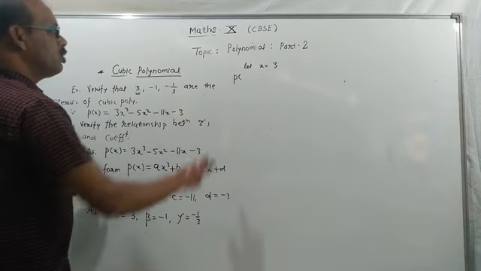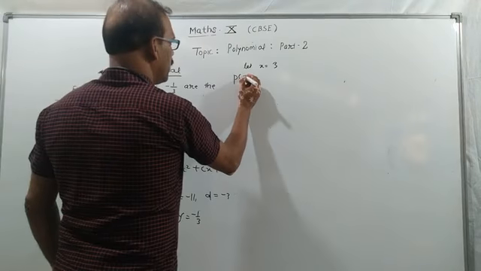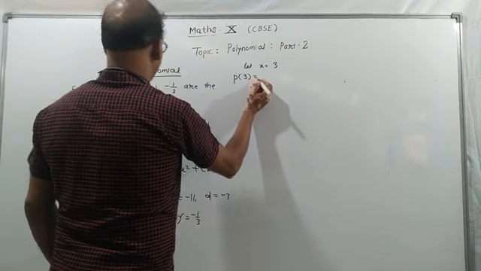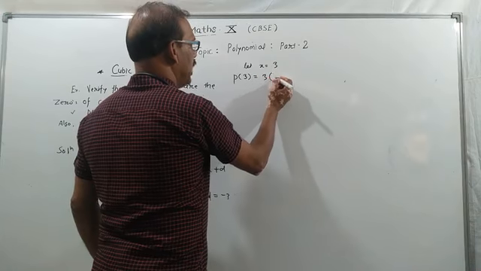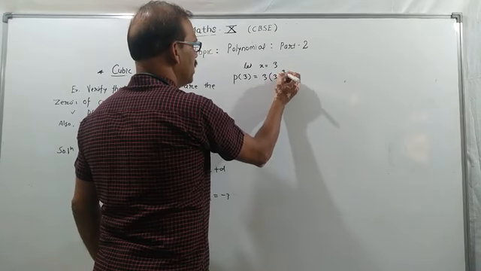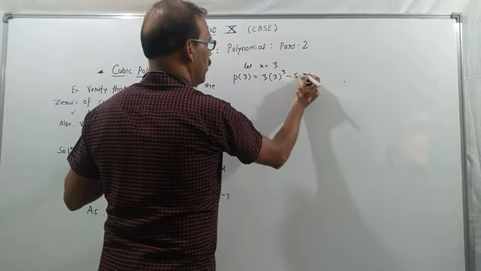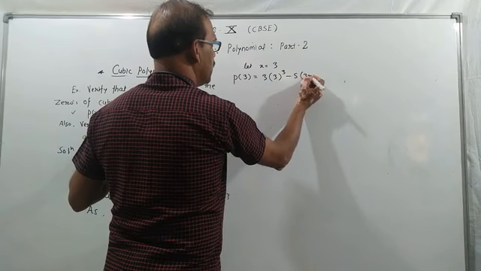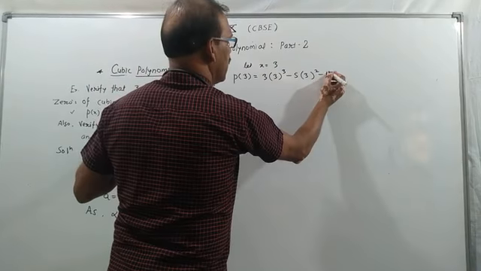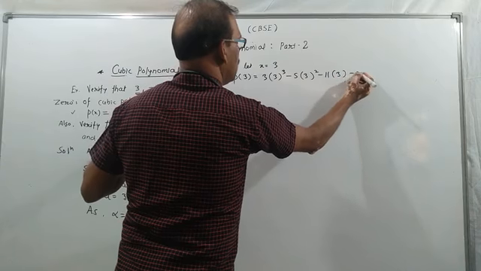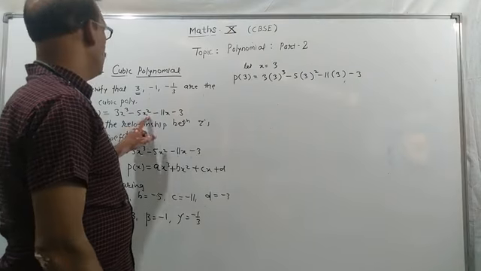So when we substitute the value of x equal to 3, we get p of 3 is equal to 3 into 3 cubed minus 5 into 3 squared minus 11 into 3 minus 3.